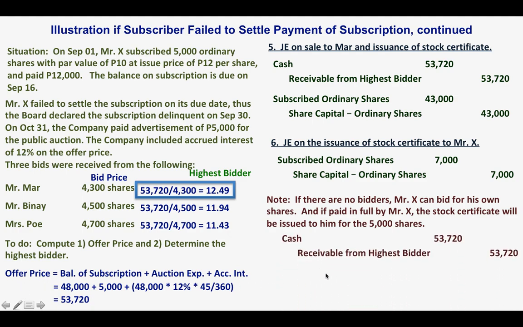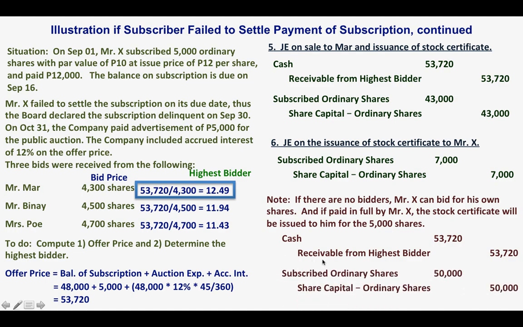Okay? And if it is not delinquent, then he should only pay 48,000. But because he was delinquent, there are additional auction expense and interest expense that he needs to pay. Okay, so if there are no bidders, Mr. X can bid for his own shares, class.